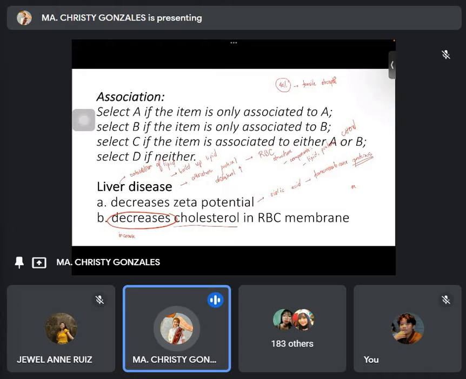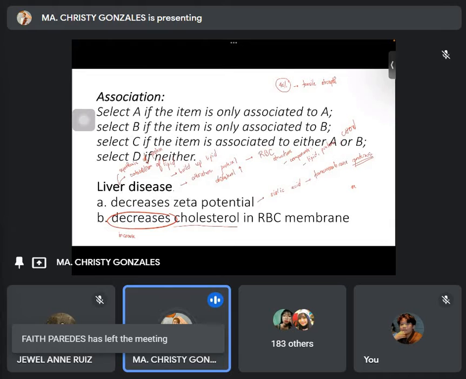So the correct answer here is only letter A. Why letter A? Because in the liver, the catabolism is for lipid, while this one is synthesis, of protein. You know that. Okay?